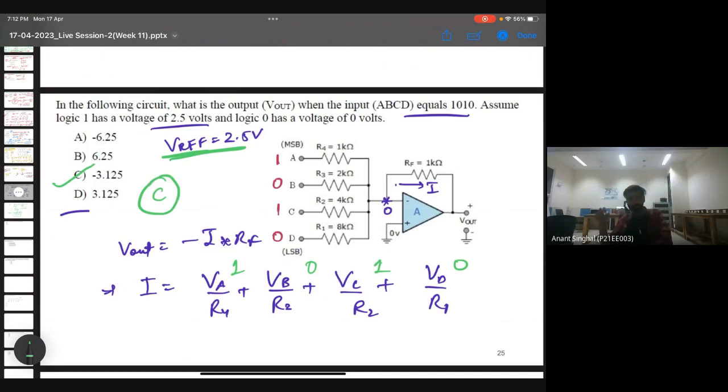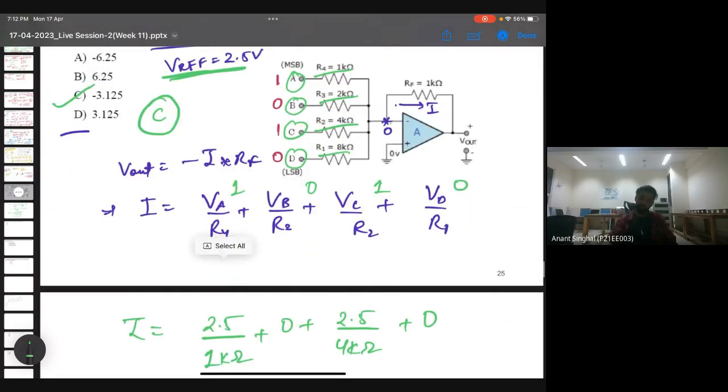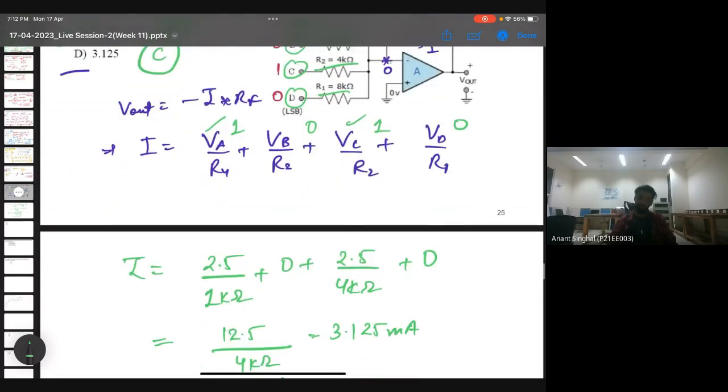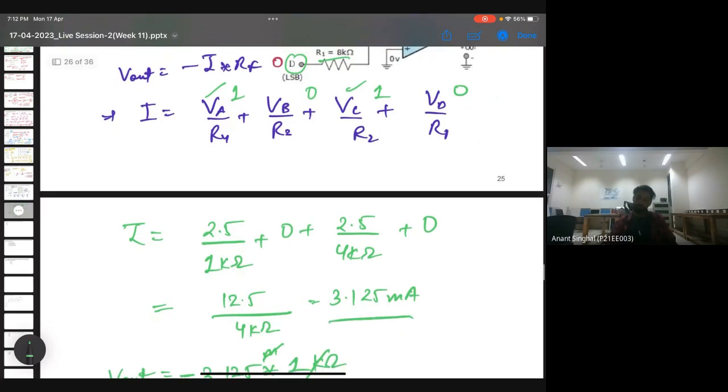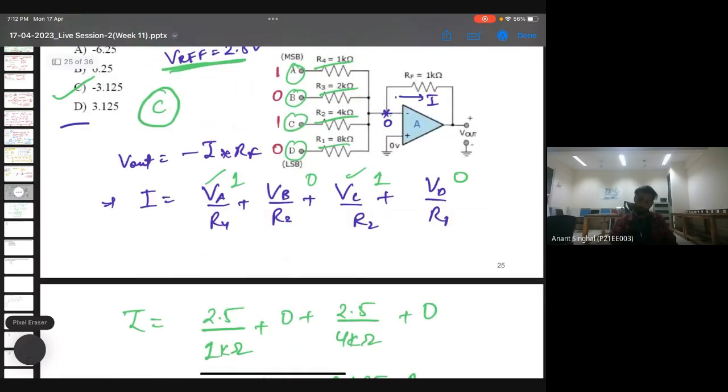I hope it is clear. This is quite an easy and basic circuit question. We just applied the KCL here. So I is VA by R4 plus VB by R3 plus VC by R2 plus VD by R1. We substituted the value of logic 1 which is 2.5 and got the corresponding current, 3.125 milliampere.